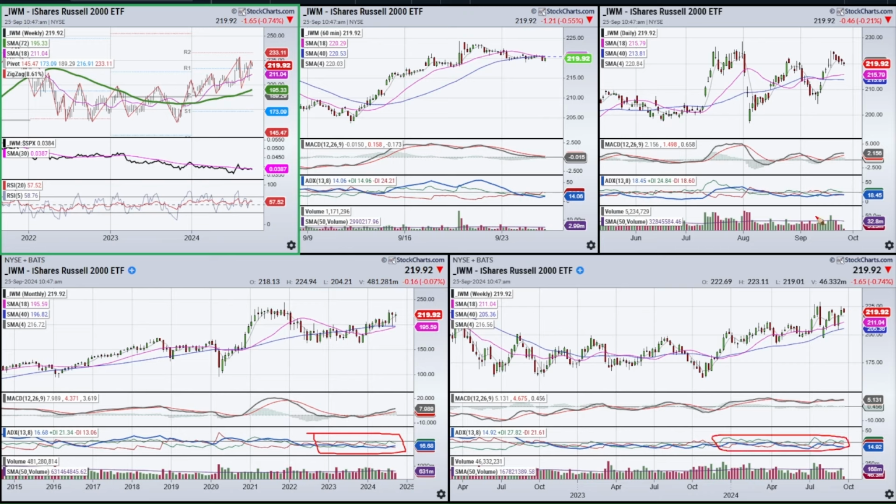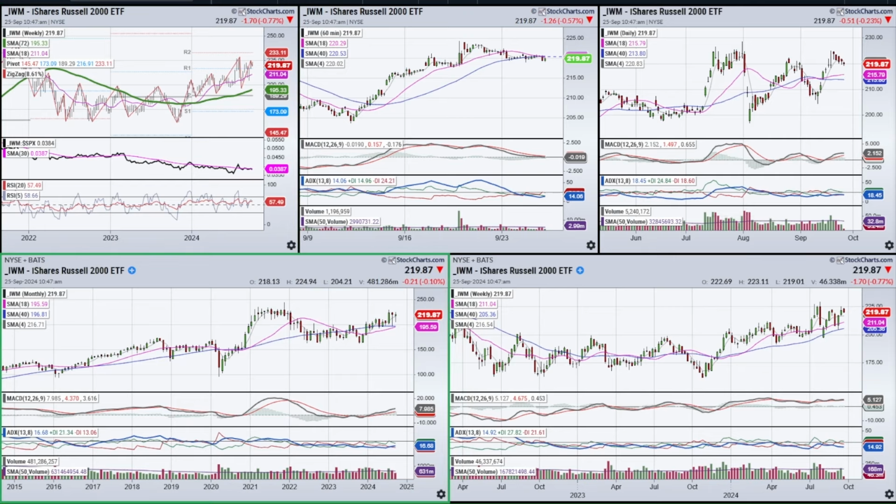We don't have a breakout in the momentum yet. We're going to need it at least to start on the daily chart. We need to see some big green bars, preferably get a big green bar on the weekly to show up. And if we get that, then it's very possible we'll get upside continuation in the DI line, and that'll turn that ADX line to the upside.